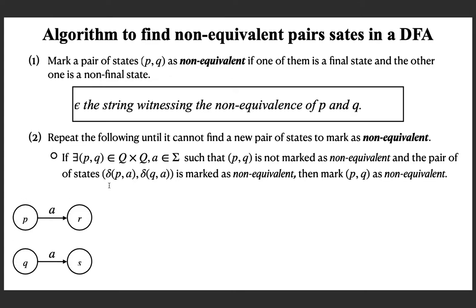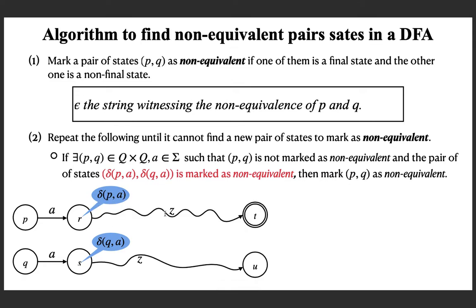Why? Because you are assuming that RS is marked, so by definition, you can find a string Z such that the path for Z from one of them goes to a non-final state and the path for Z from the other goes to a final state. And that is why you said R and S are non-equivalent.